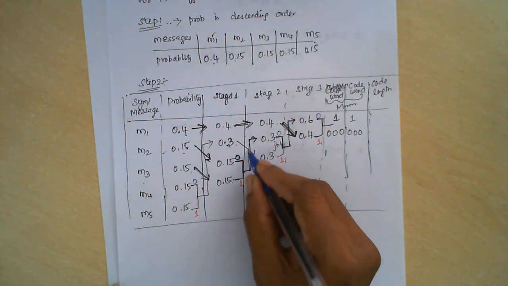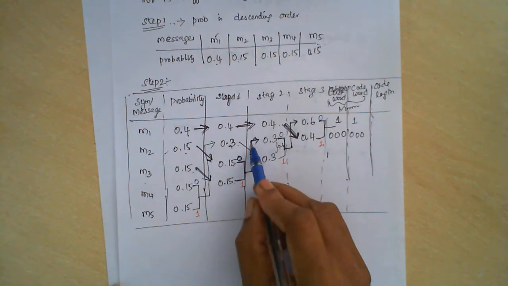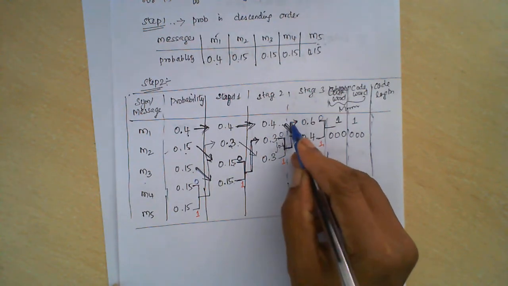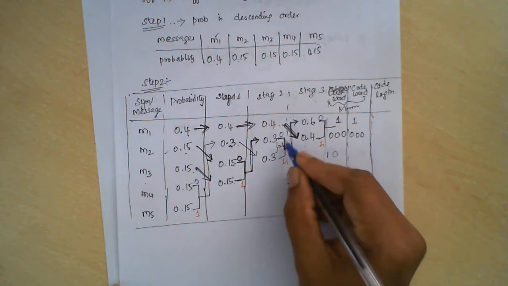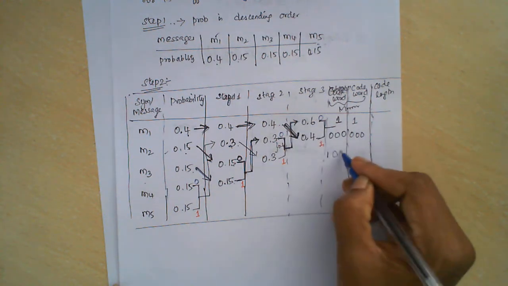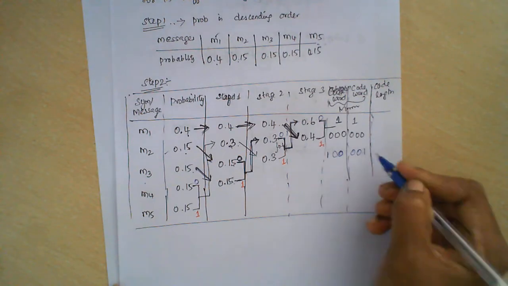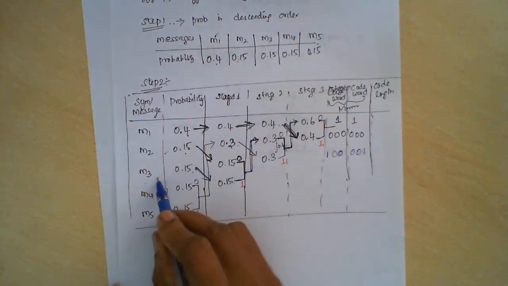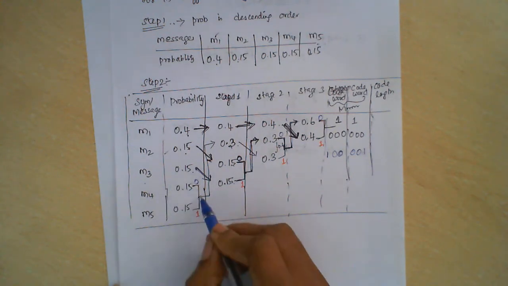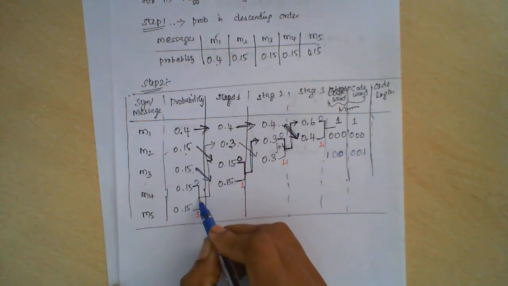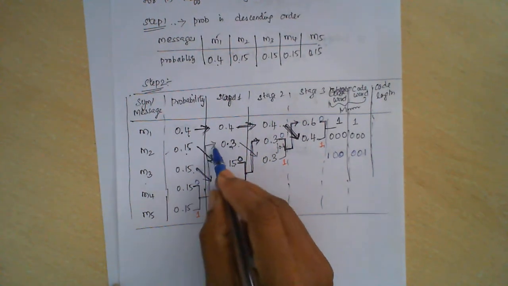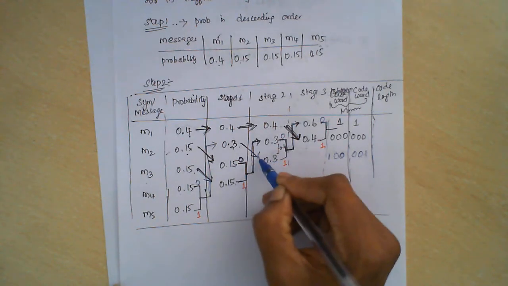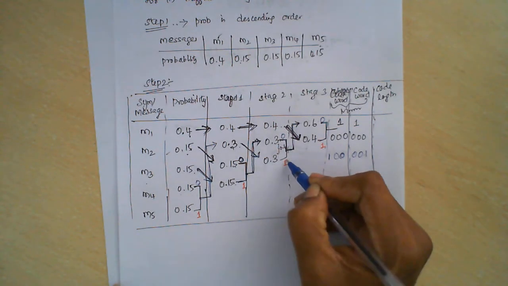Again it goes up, so it goes to 0, then going up again, it is 0. So the mirror image is 0, 0, 1, the reverse side. Next is for M4. It is starting from here, it is 0, going upwards, and it is reaching down. You should check only the point where it reaches as the output.